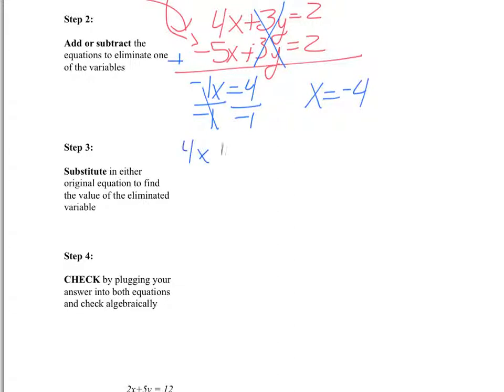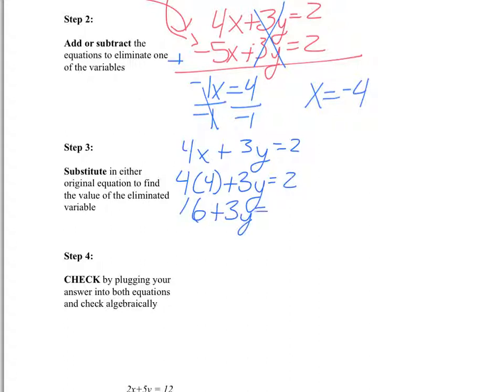So 4x plus 3y equals 2. 4 times negative 4 plus 3y equals 2. Negative 16 plus 3y equals 2.